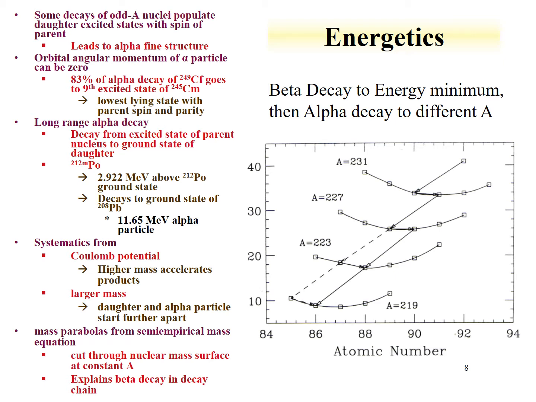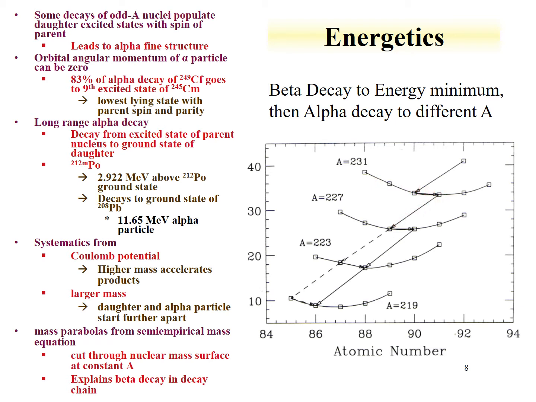One of the things that we can observe through alpha decay is some effects of the mass parabola from semi-empirical mass equations. This example is shown here, where we can get alpha decay occurring accompanied by beta decay. As we see, we get a decay from a higher state through alpha, and we can observe beta decay because once the isotope is on this mass parabola, it can go to the lowest state.